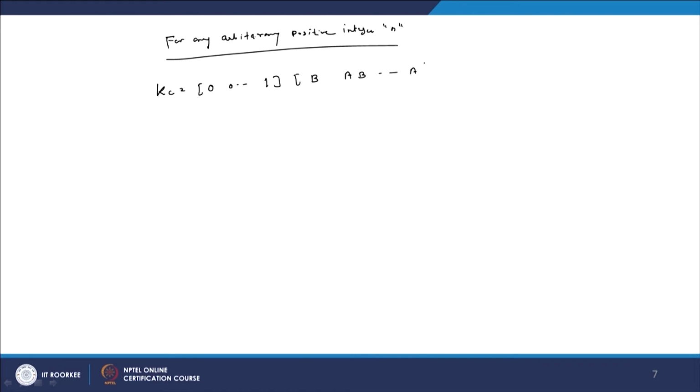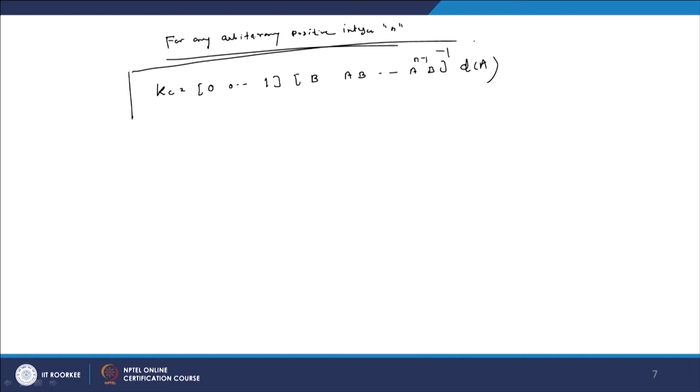So, for any arbitrary positive integer n, we can write down this k c, the controller, as 0 0 0 1 b a b up to a raised to n minus 1 b inverse into phi of a.